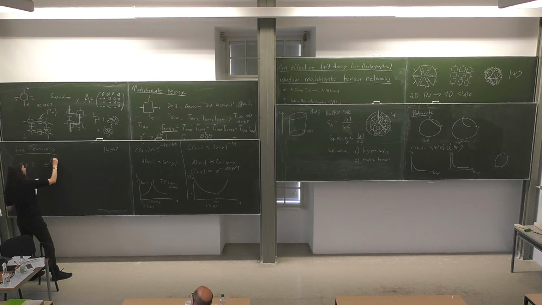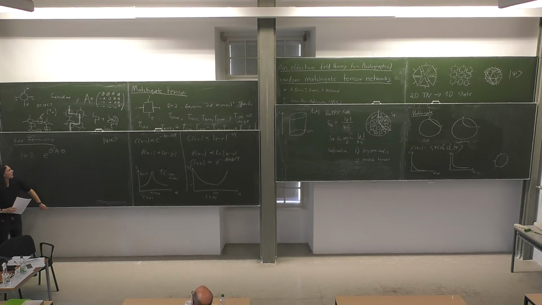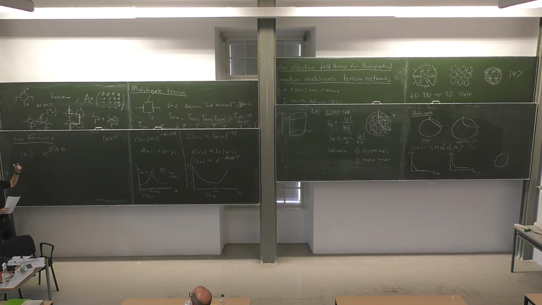We have seen that a single tensor can be represented basically as an exponent, a Gaussian Grassmann function. One more thing that we need to consider is how the contraction of two tensors is represented in this Grassmann language.